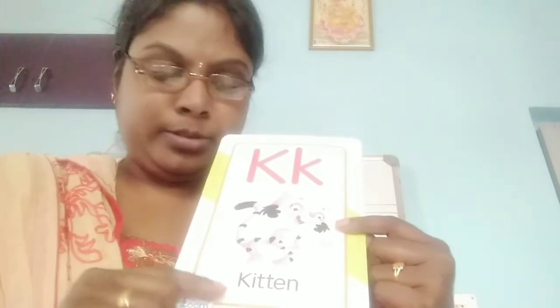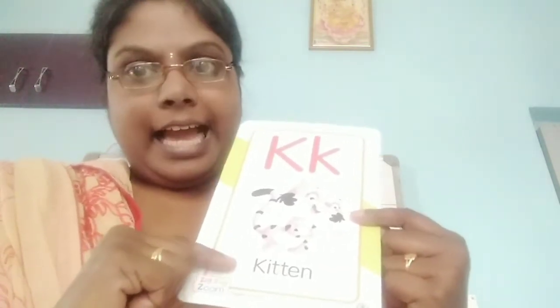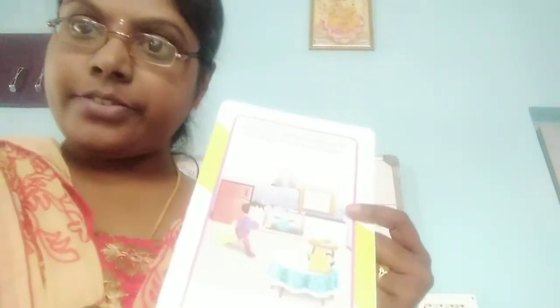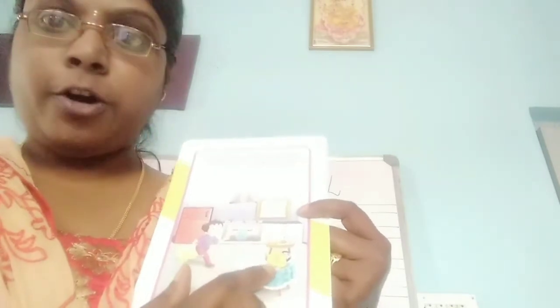Meow, meow, meow. So a kitten is a baby of the cat. Let us see some more objects for K. K for kitchen. Kitchen andre ಏನು ಗೊತ್ತಾ? ಅಡುಗೆ ಮನೆ. K for kettle.